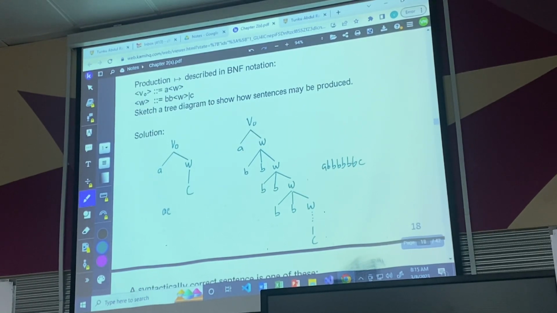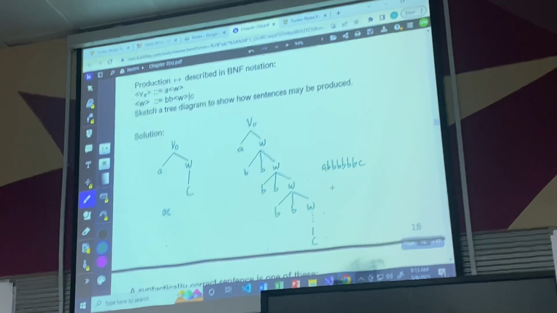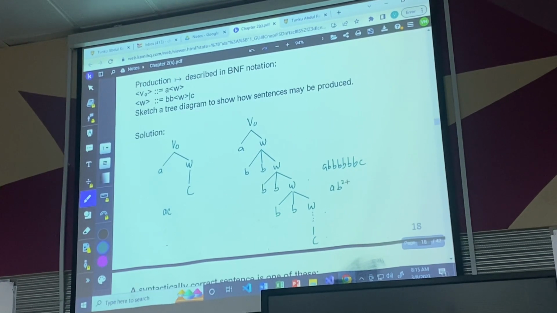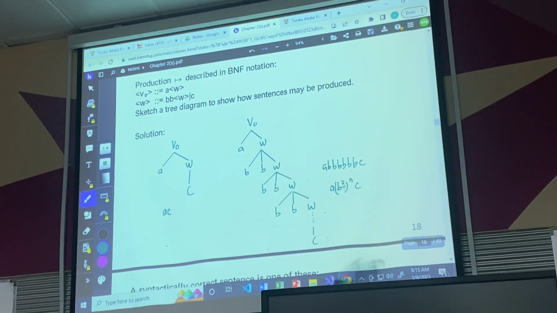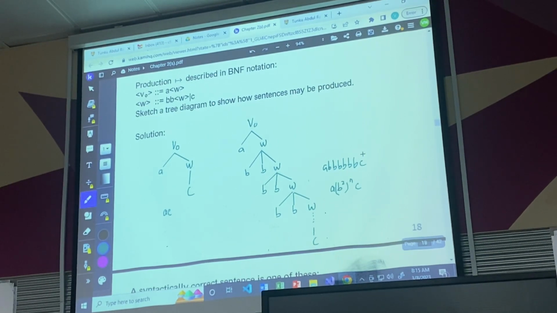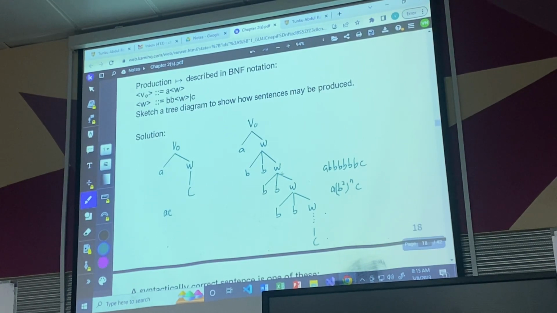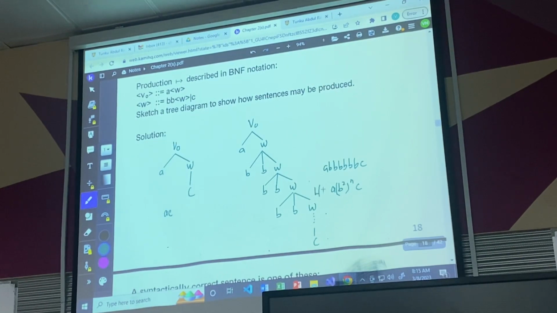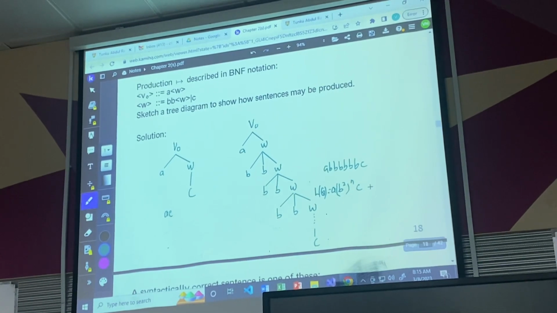So to conclude this one, if you keep on repeating this B, in general form, we can write this as A, B squared, N, and C. The N here means it can keep on repeating. And why B2? Because every time you repeat the BB, it will be 2 B's together. Right? So you can just write the LG like this. A, B squared, N, and then C.